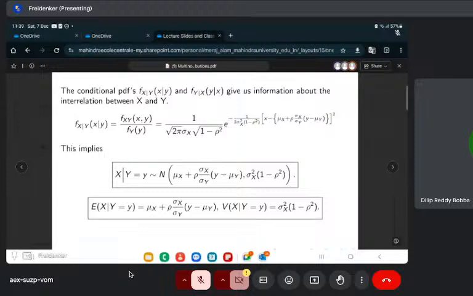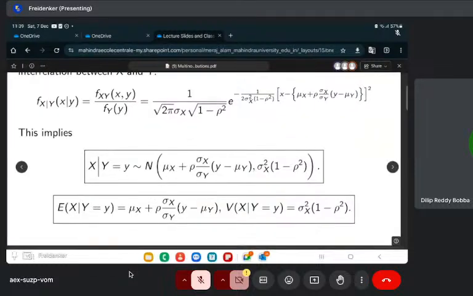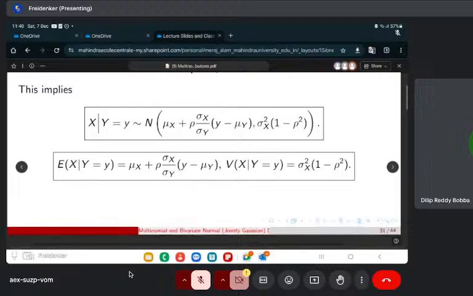So this is how it's going to look. x given y is another random variable. If you solve the equations, you get a result which looks like this in the box. So x given y, I mean capital X given y is equal to small y. This is one random variable now. We know that capital Y is small y.